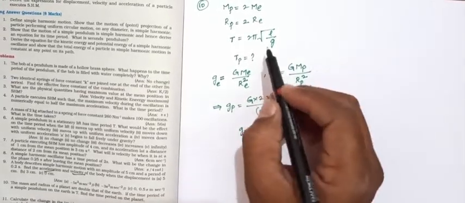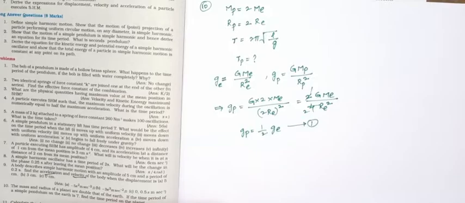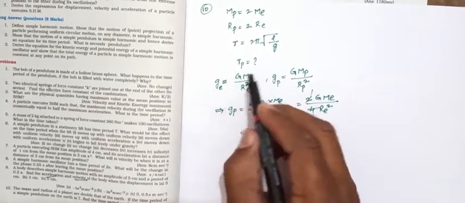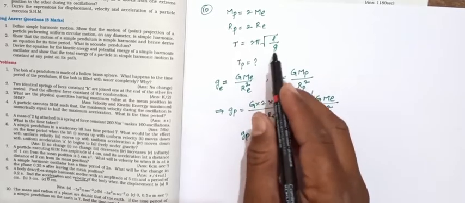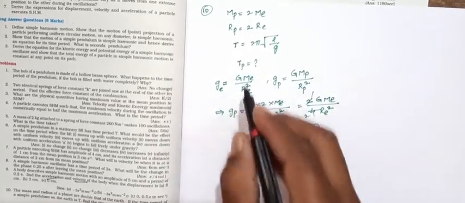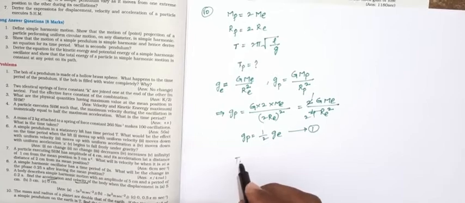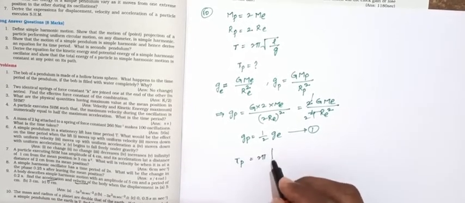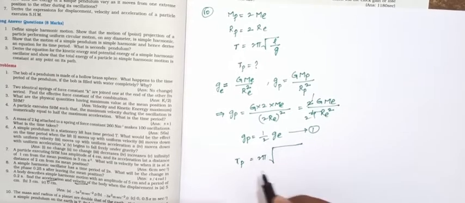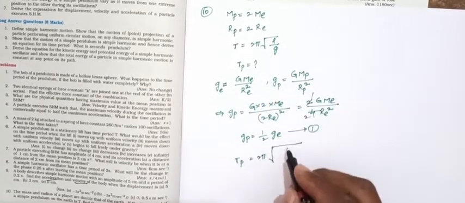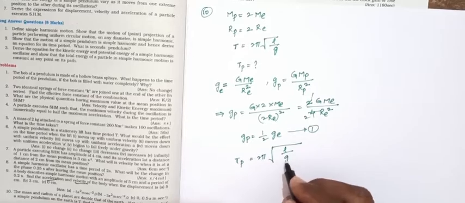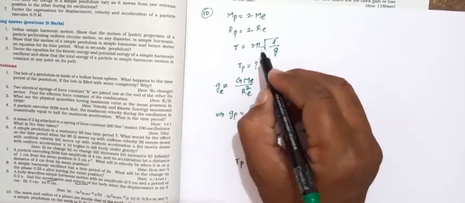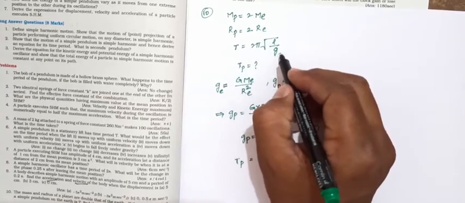So what is the relation? The time period on the planet is Tp equals 2 pi square root of L by gp. Here the time period for the earth T equals 2 pi square root of L by ge.